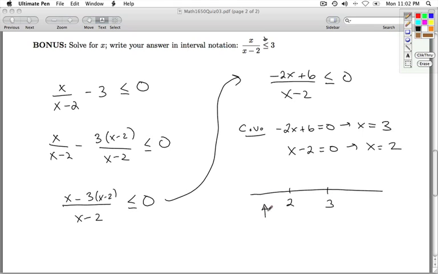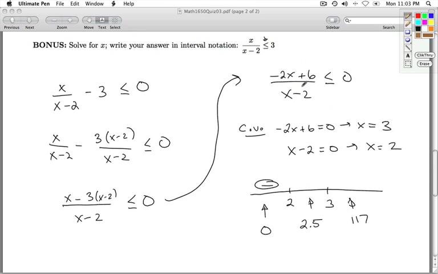And then we check around it. Favorite number less than 2. Favorite number between 2 and 3. Favorite number bigger than 3. We take each of these test values, we stuff it into this, and see if it's positive or negative. So if I plug 0 in, on the top I get a positive, on the bottom I get a negative, which means I'm going to get a negative overall.